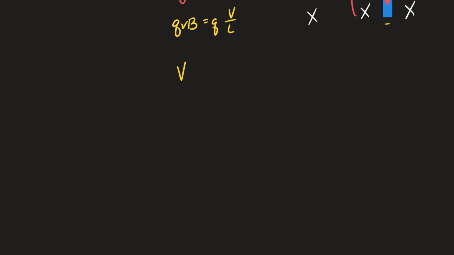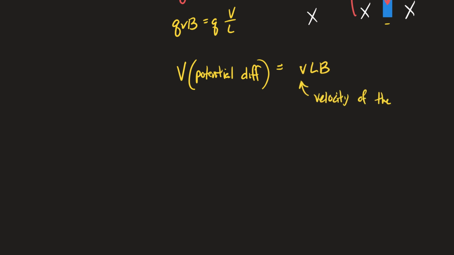You always do. This is for potential difference. We'll get vLB on the other side, where v is the velocity of the bar. Obviously, L is the length of the bar.